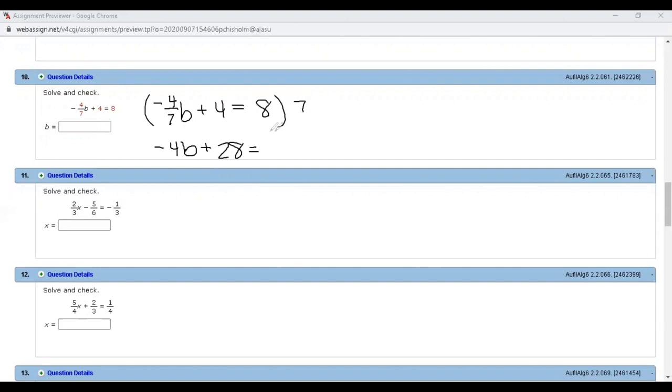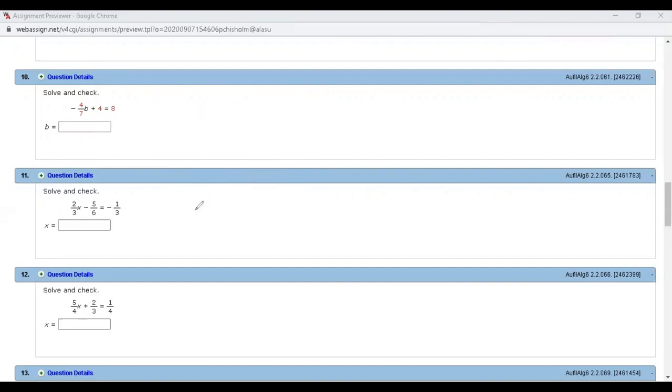And our 8 times 7 will be 56, okay? From here, you will continue as usual, minus 28 on both sides. Then after you get that number, you will divide by negative 4 on both sides to get b.